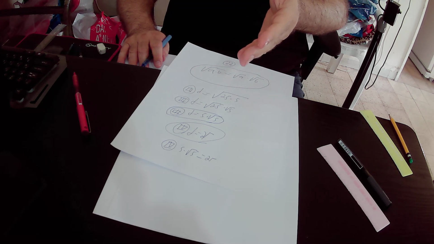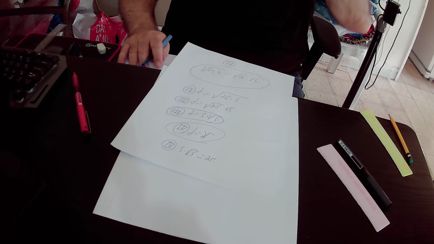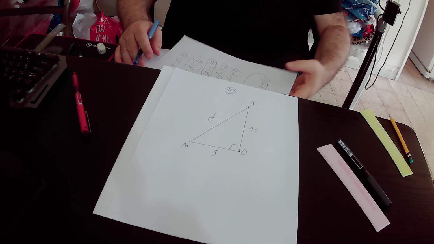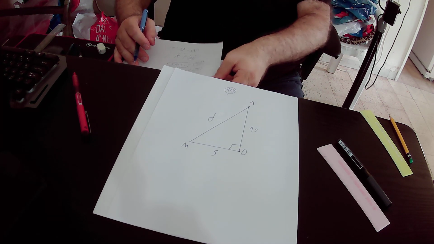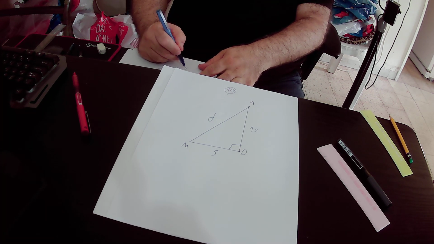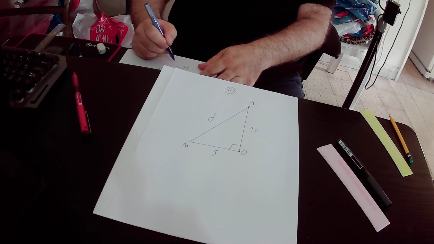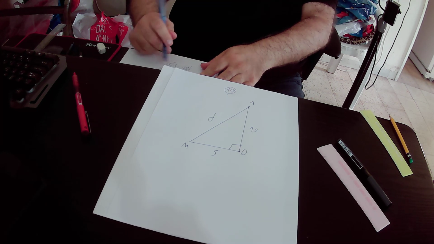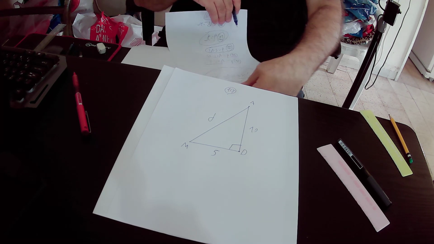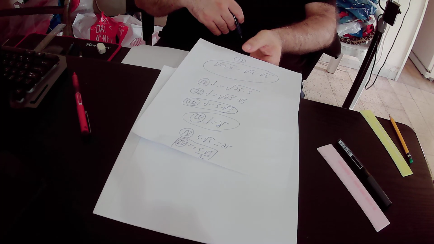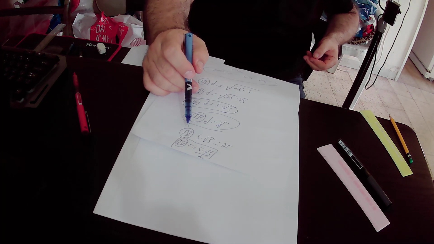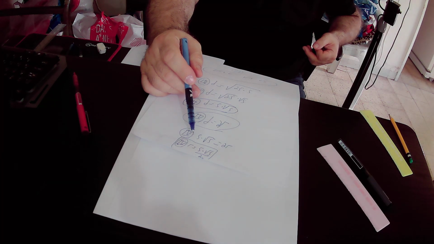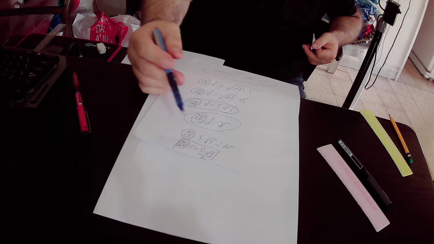Now we'll divide equation number 4 by 2, and we will get the radius of the circle. So we divided equation number 4 by 2. We got that the radius of the circle equals 5 times root 5 over 2.